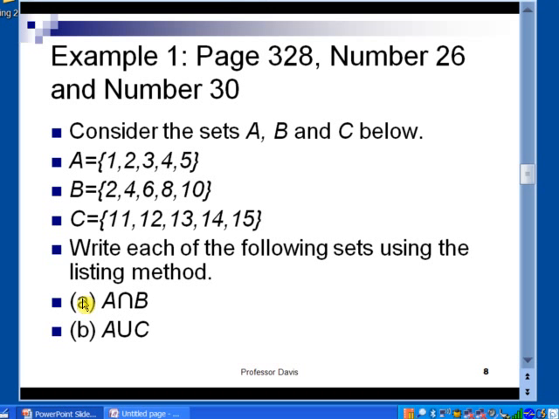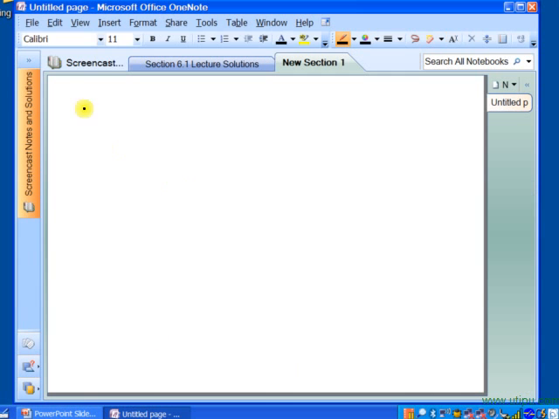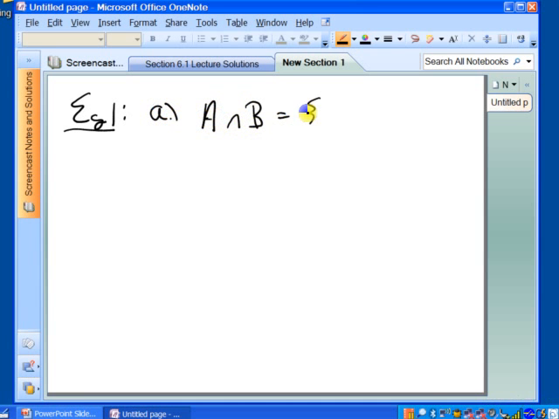All right. Well, let's go ahead and do that now. First, for the intersection of A and B, let's just take a look here before we write things down. Notice here, A has all odd numbers in it, B all even numbers in it. So in example one, part A, the intersection of A and B is empty.